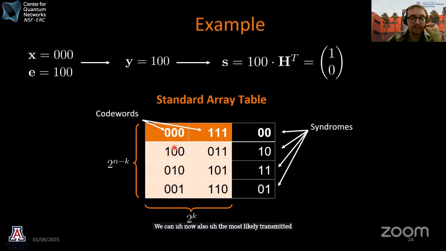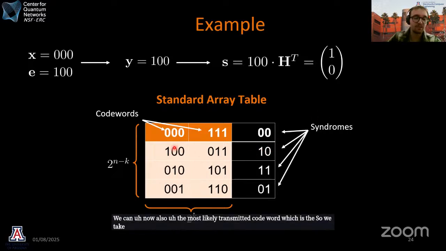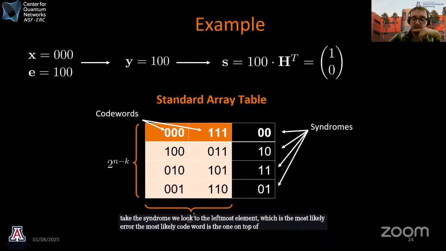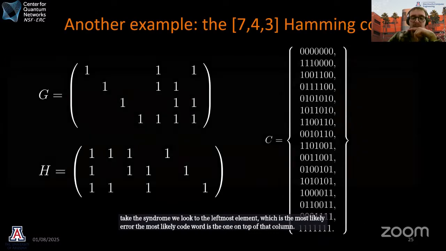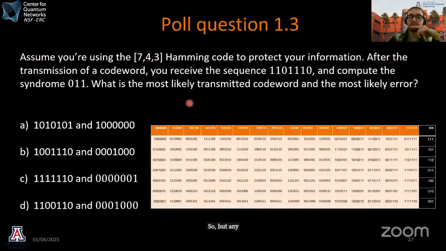We take the syndrome, we look to the leftmost element, which is the most likely error. The most likely code word is the one on top of that column. But anyway, getting back to the poll, we receive this sequence and we compute the syndrome. What is the most likely transmitted code word and the most likely error?